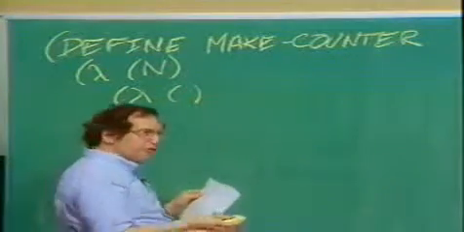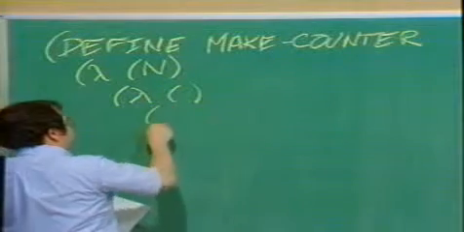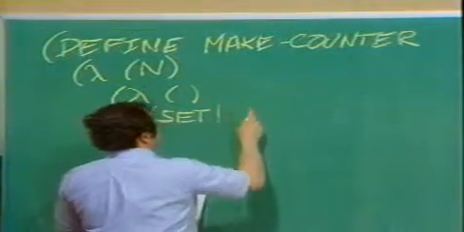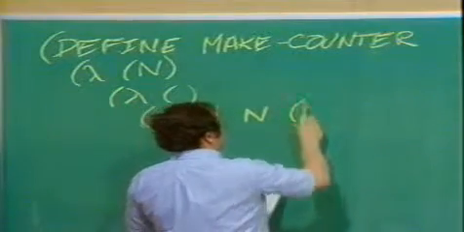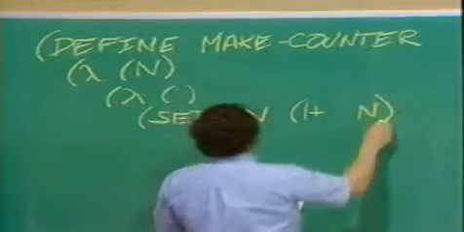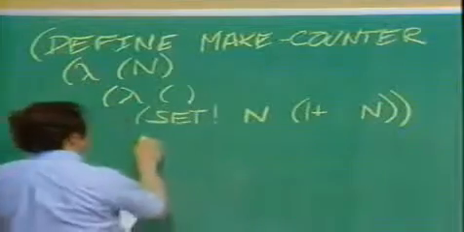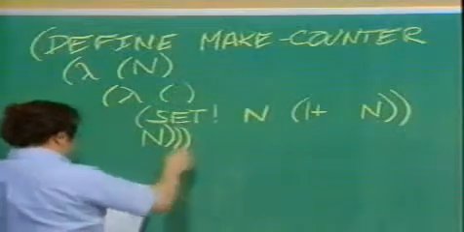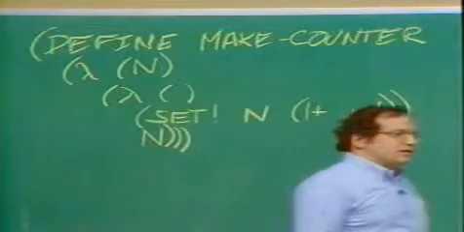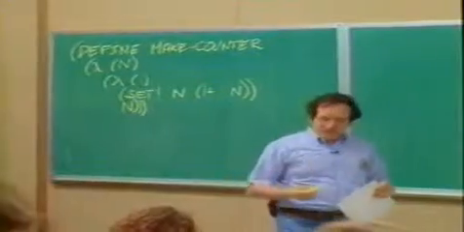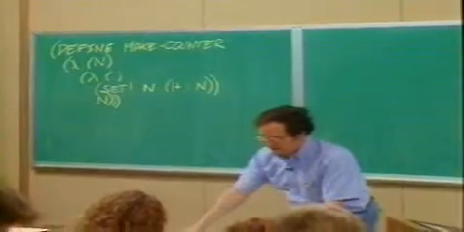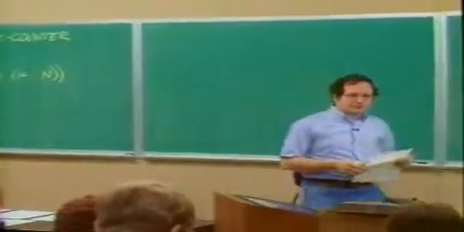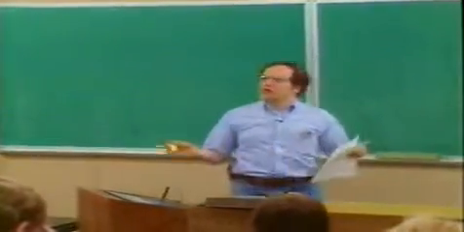There's a procedure that produces a procedure, which sets n to the increment of n, and returns that value of n. Now we're going to investigate the behavior of this. It's an interesting thing. And in order to investigate the behavior, I have to make an environment model, because we can't understand this any other way.